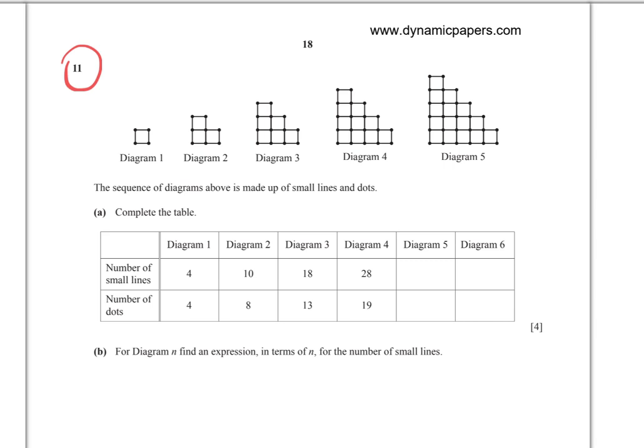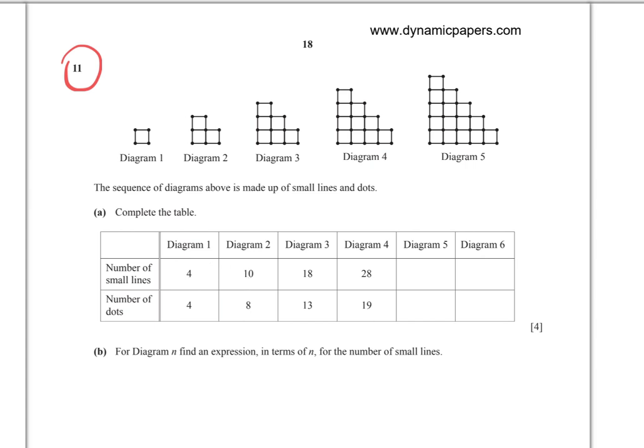Number 11. The sequence of diagrams above is made up of small lines and dots. Complete the table. Diagram 1, number of small lines 4. Diagram 2, 10, 3, 18, 4, 28. We need to find diagram 5 and diagram 6.